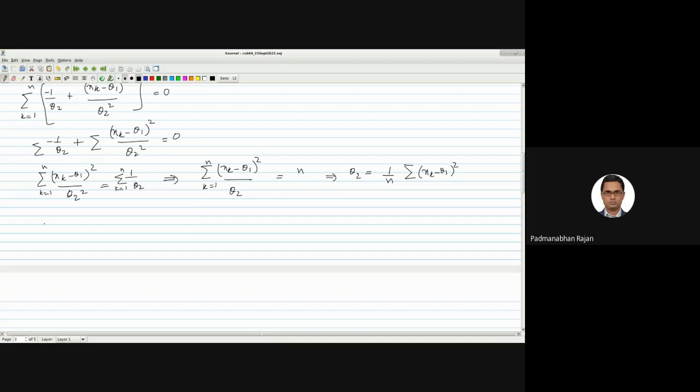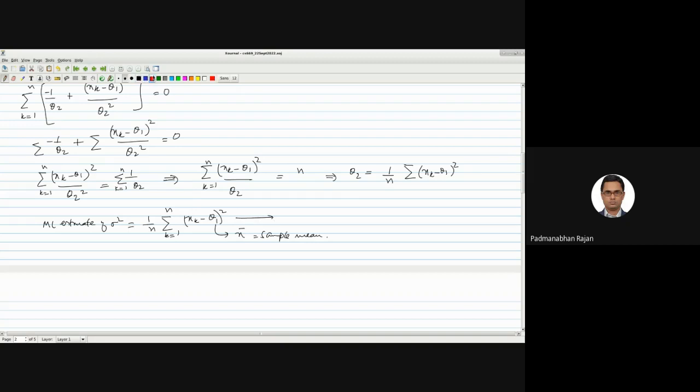Okay, so this is my theta 2. This is the ML estimate of sigma square, equal to 1 by n sum over k from 1 to n of (xk minus theta 1) the whole square. And we know previously that theta 1 is equal to x bar, the sample mean. What is this term actually?